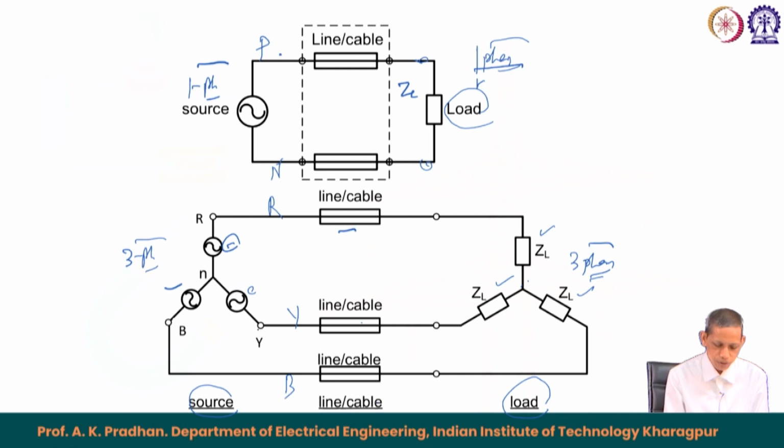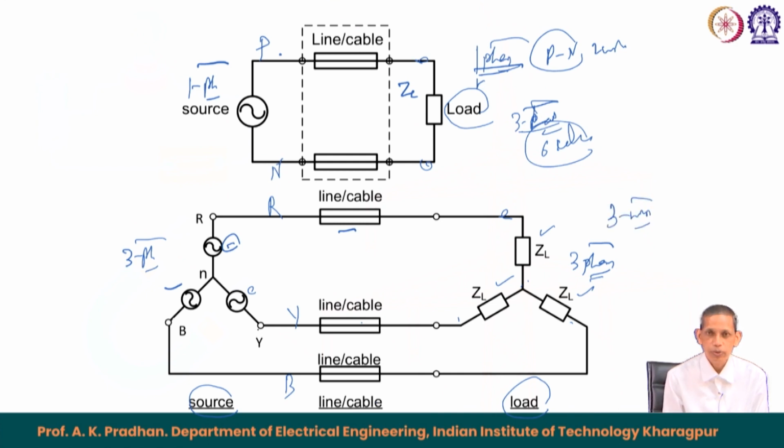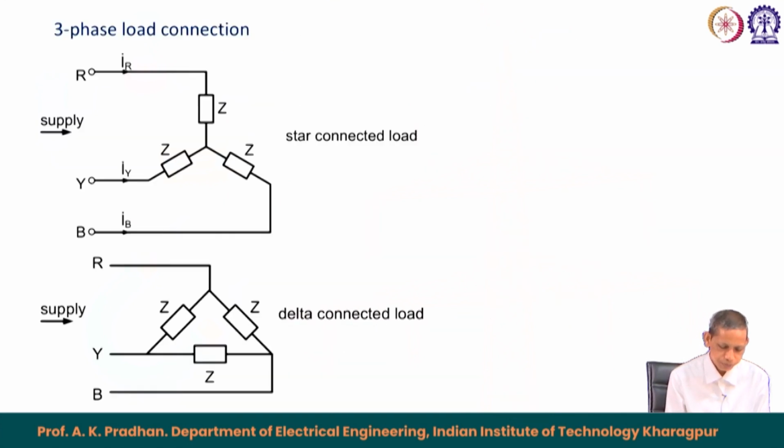For three such loads we require 6 conductors, whereas here the 3 loads can be connected by only 3 wires.